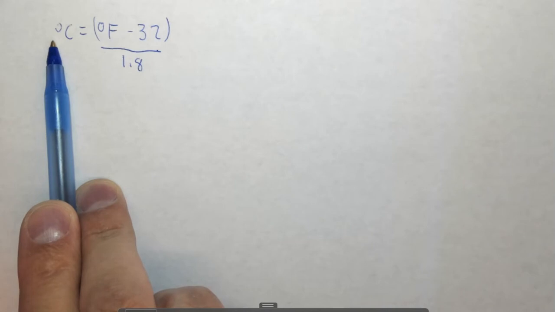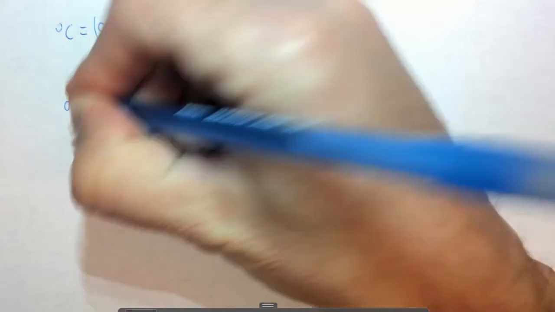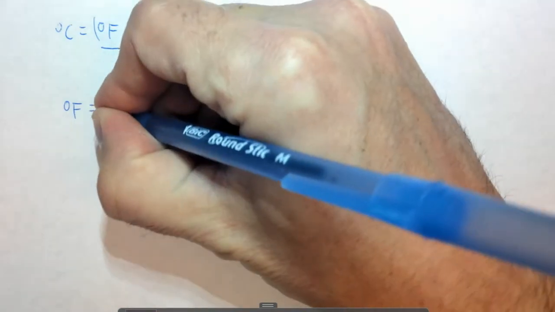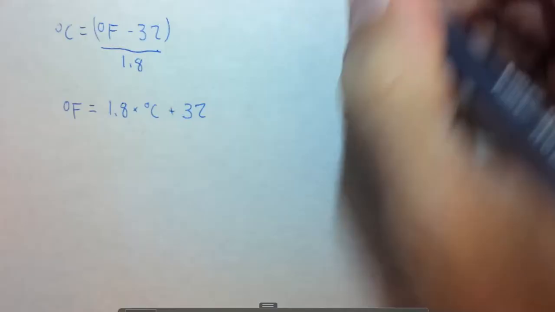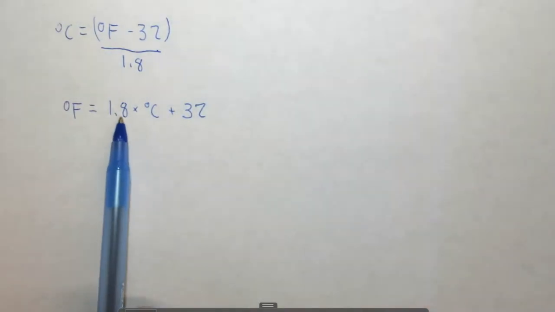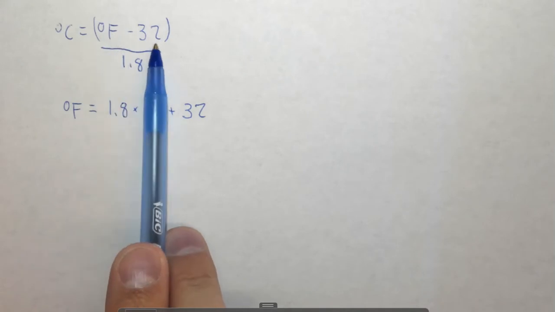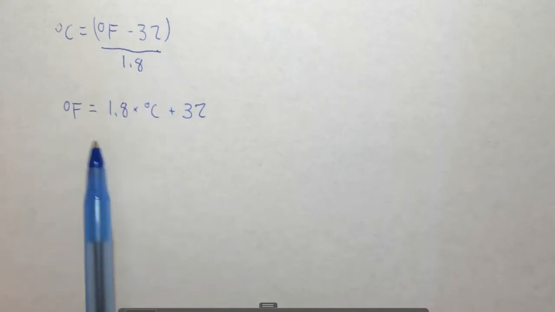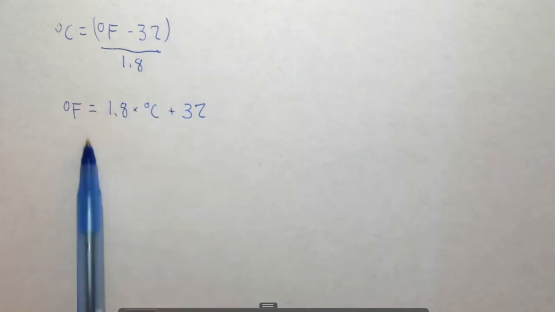The next equation that you need to know is that Fahrenheit equals 1.8 times degrees Celsius plus 32. And here it's the standard order of operations. You multiply first and then add. Here the order of operations are you subtract first and then you divide. That's why this is in parentheses, because that's the non-standard order of operations, if you will.